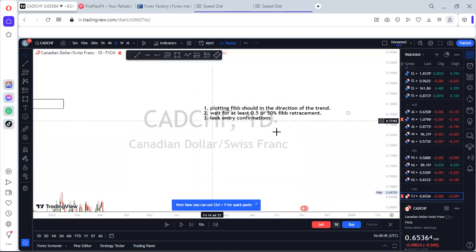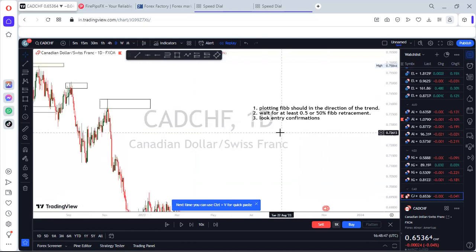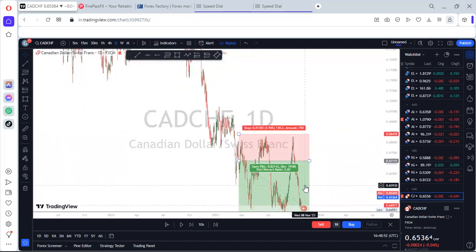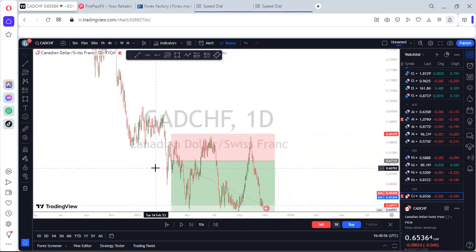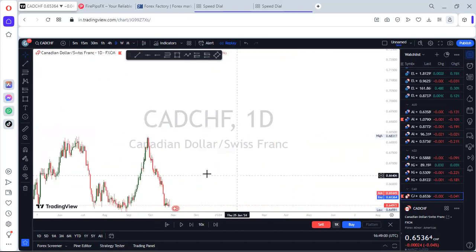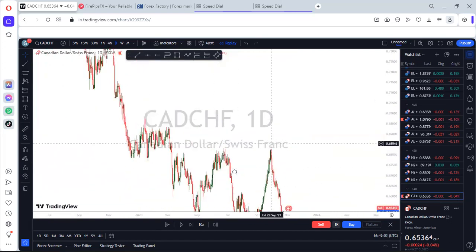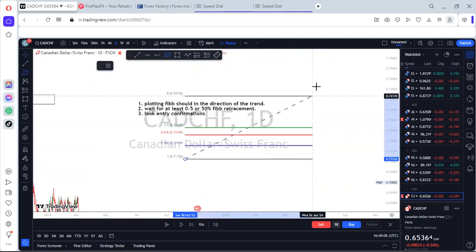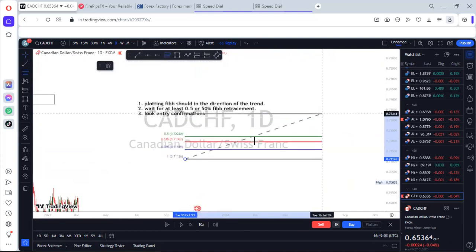So this is the three things we need to look at. First, you plot your Fib in the direction of the trend. So if the trend is a downtrend or an uptrend, you plot it in the direction of that trend. And secondly, you wait for it to retrace to at least the 50% Fibonacci level, right?